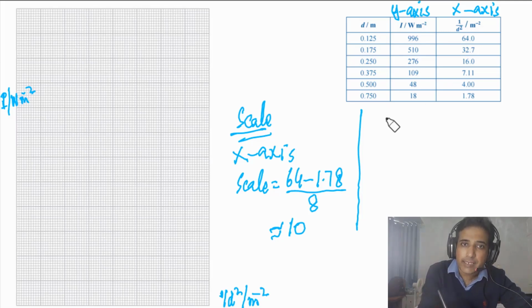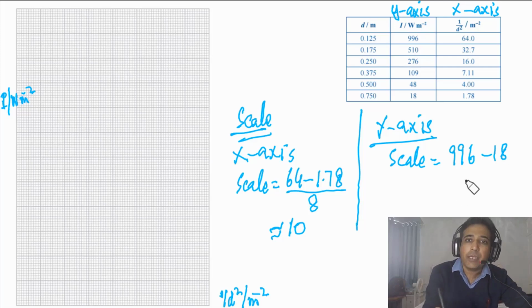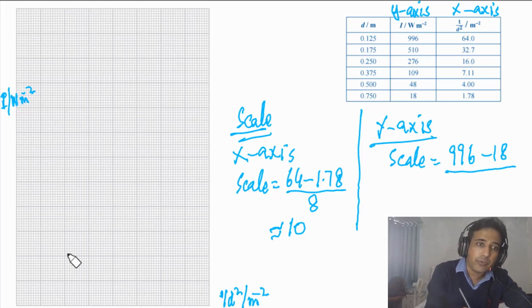Now for the y-axis, we can do the same. For the y-axis, we have a maximum value of 996 and a minimum value of 18, and we need to divide by the number of big squares. Here we have 1 2 3 4 5 6 7 8 9 10 11 12.